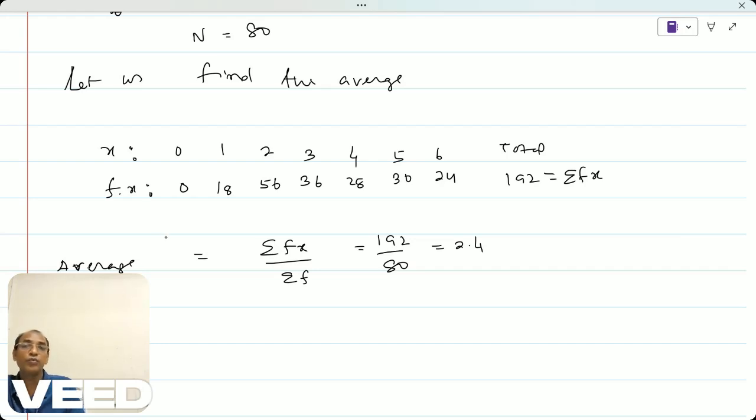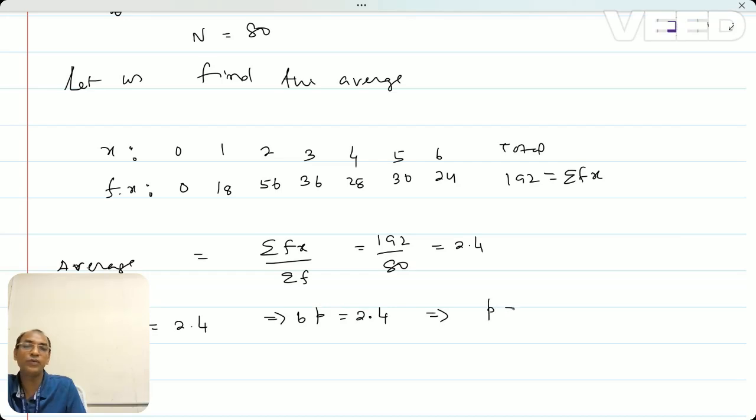But in order to fit it to a binomial distribution, this average is the same, so I will consider np equal to 2.4. As n equal to 6, 6 into p equal to 2.4, so p will be 2.4 divided by 6, that is 0.4.